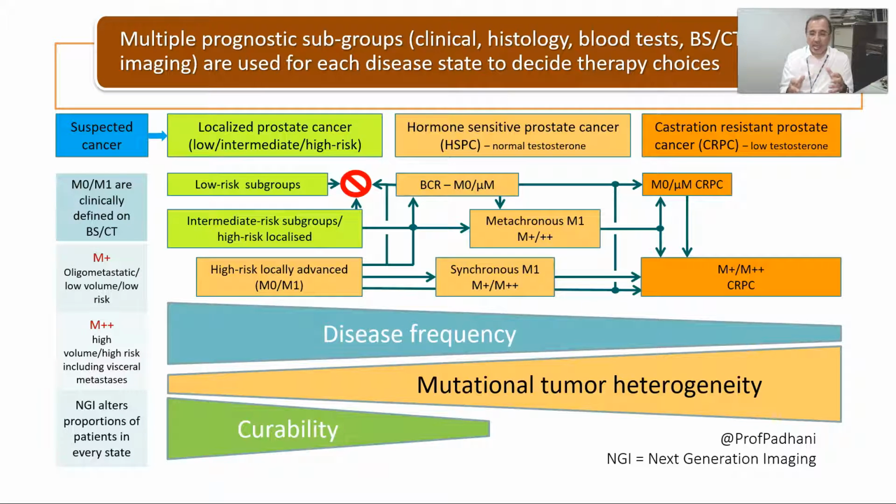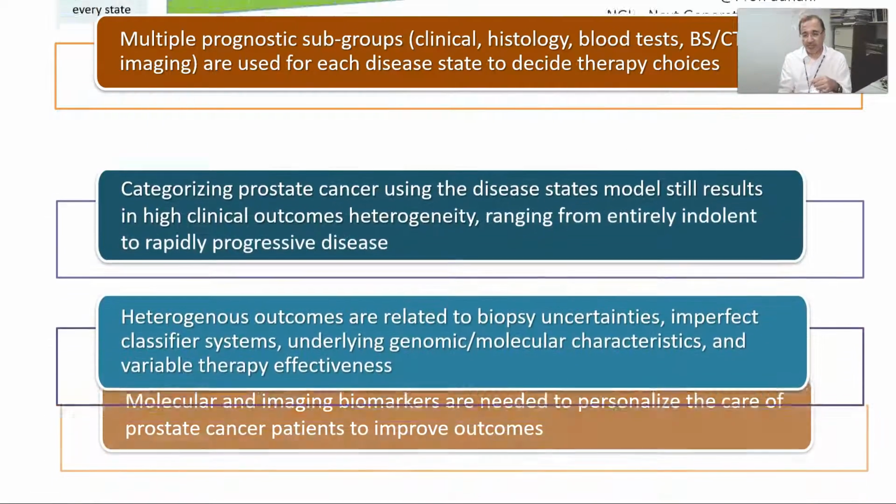You can see that you have metastases and non-metastases depending on bone scan and CT scan findings. And as you go from left to right, mutational heterogeneity increases, but curability, unfortunately, decreases.